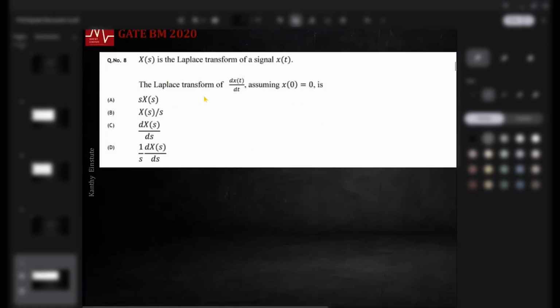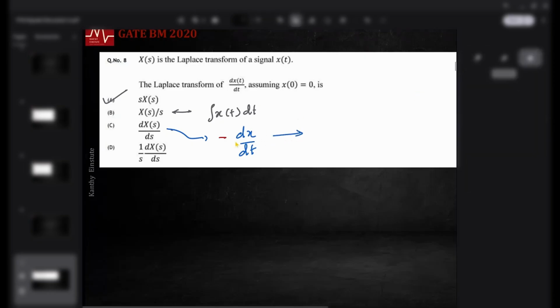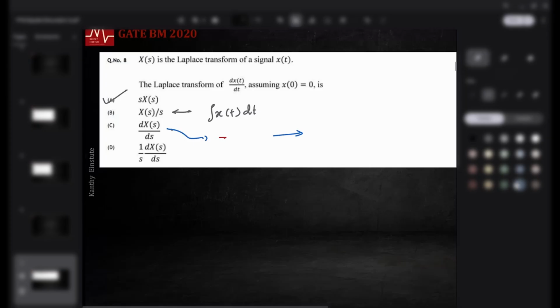For this derivative, this is the option. This is the integral of x of t dt. Here, dx of t should transform to dx by ds.